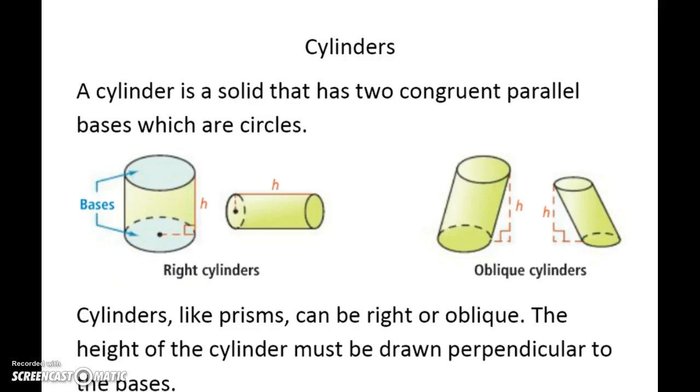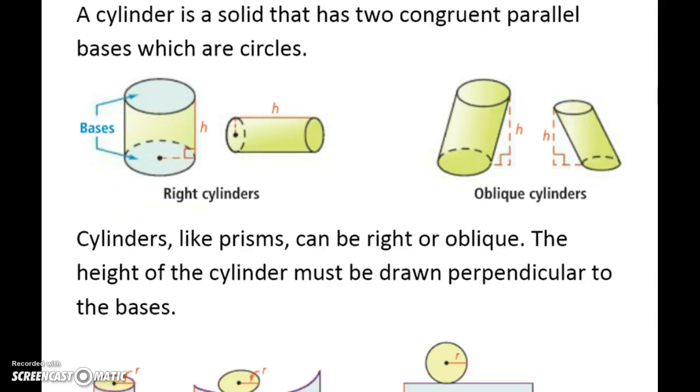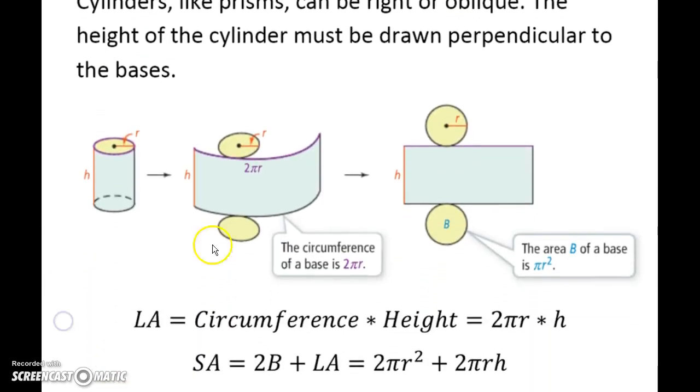So let's talk about cylinders. Cylinders are almost exactly like prisms, except that their bases are now circles. And just like a prism, it can be right or oblique. The height of the cylinder must be drawn perpendicular to the base. And the lateral area, this is like the soup can label. The lateral area is still equal to the perimeter of the base times the height, but when my base is a circle, the perimeter is 2 pi r.